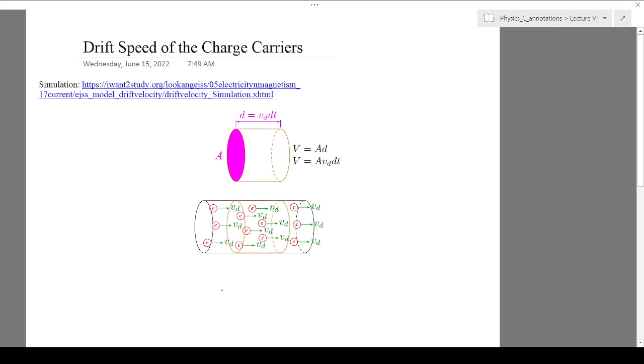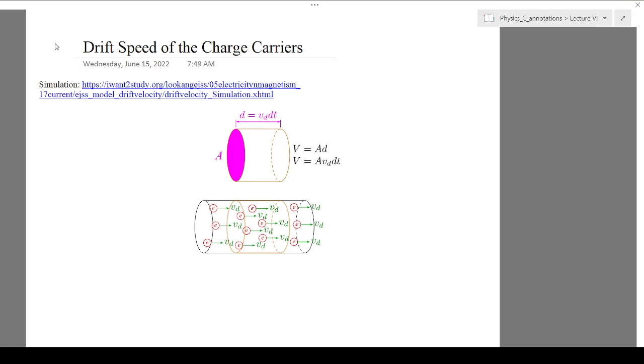So let's try to derive an expression for this drift velocity. Let's consider a wire, and I'm considering one particular element of volume inside this wire.